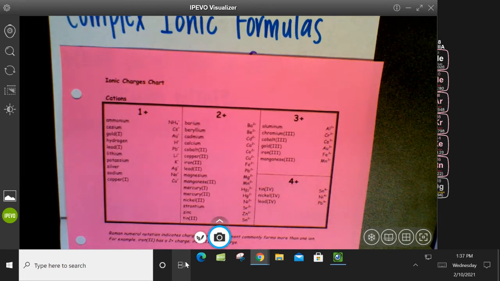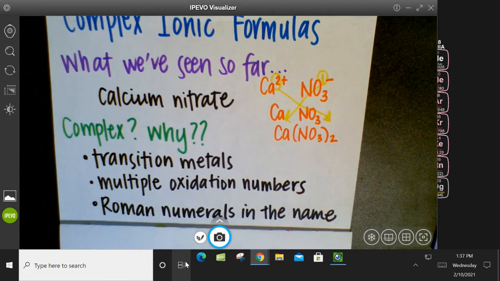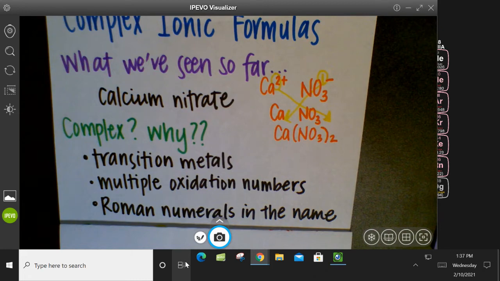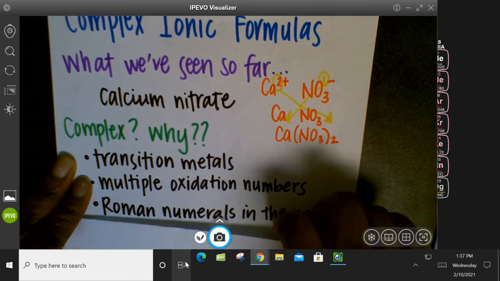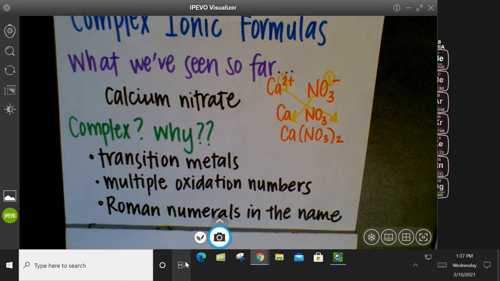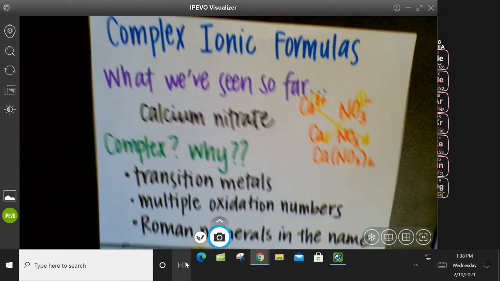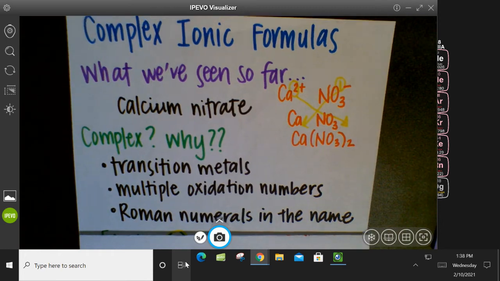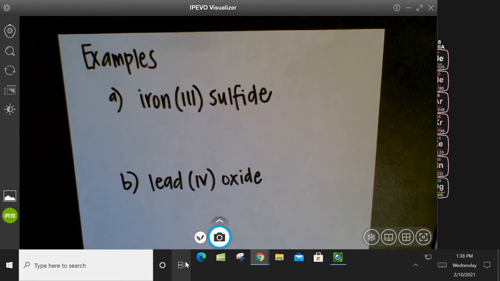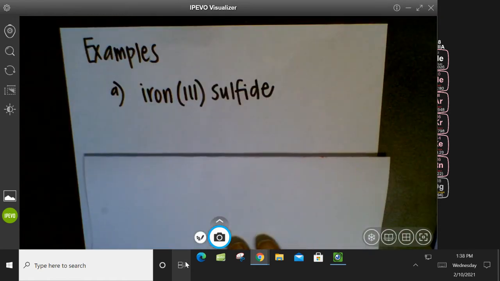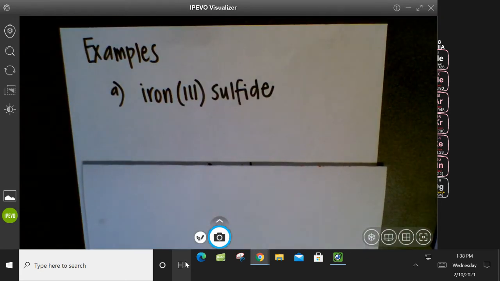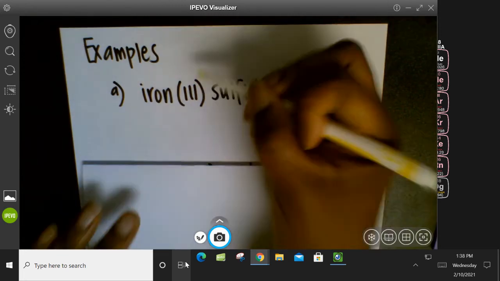And now we're looking at how you use that. Let's look at how the names will look. All right. Is there anyone still copying this? You good? So if you look here, our first example, we have iron 3 sulfide. Now let me tell you how you're going to use this.